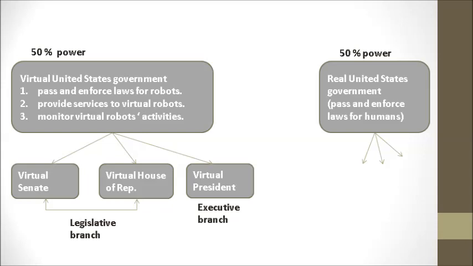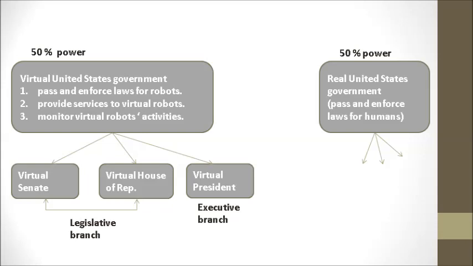Individual robots or individual humans are citizens of the United States and all citizens are created equal. A human has the same rights and privileges as a self-aware robot and vice versa. With this said, the two parts of the U.S. government is split 50-50 in terms of authority and power. The government will pass and enforce laws based on this power ratio.